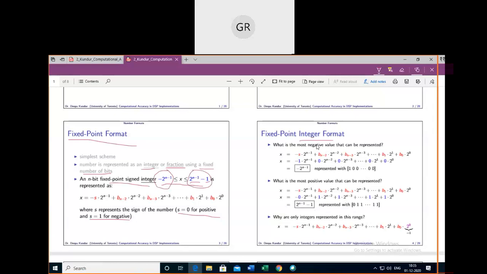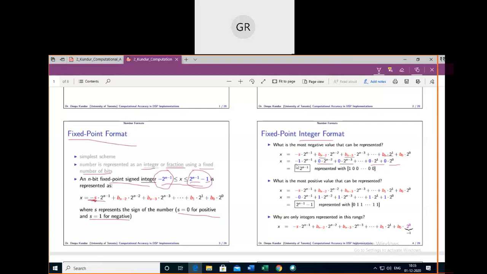What is the most negative value that can be represented? A number is negative when the s bit is 1. So we make s equal to 1, and the remaining bits 0, 0, 0, 0.